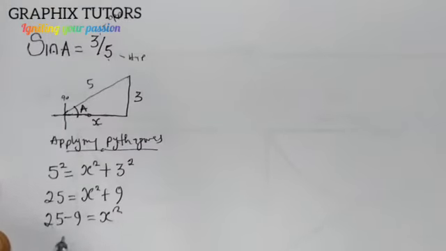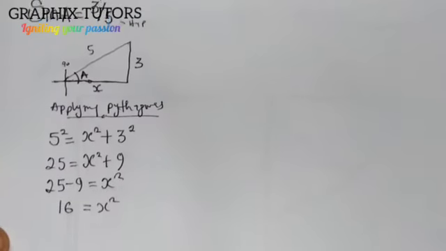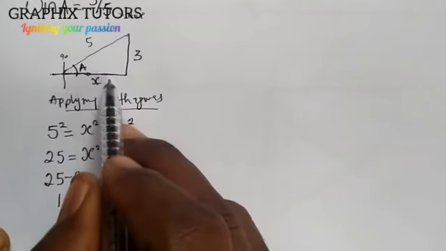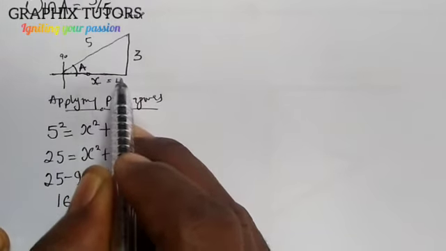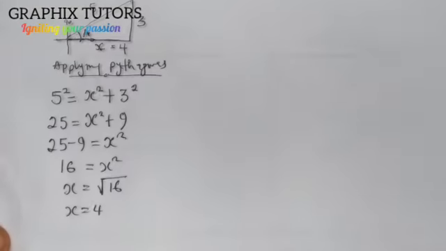Now 25 minus 9 is 16, right? So 16 is equal to x squared. Now if I interchange it, x will be equal to the square root of 16. It means our x is equal to 4, right? So we've gotten our x to be 4.